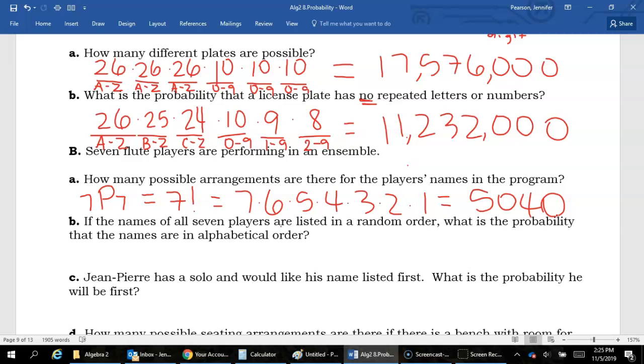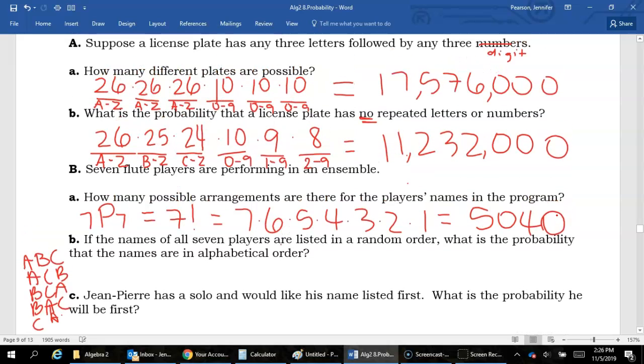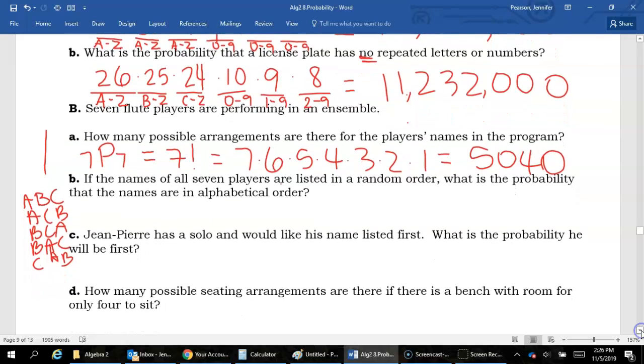So let's make this easier. Let's just talk about 3 things. If I have 3 things, and I want to put all 3 of those things down: A, B, C, A, C, B, B, A, C, B, C, A, C, A, B, and C, B, A would be my last one. So I have only 6 possible ways to arrange 3 things.